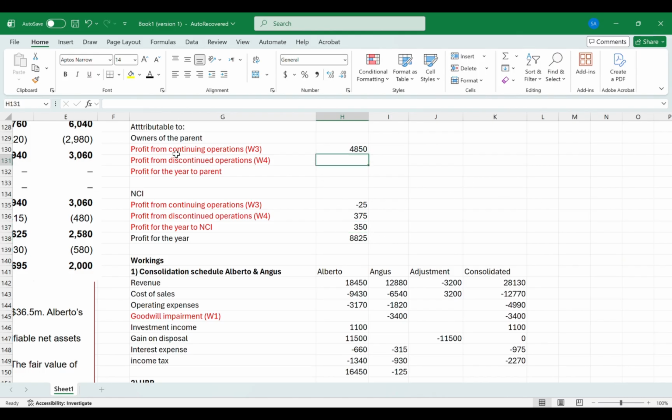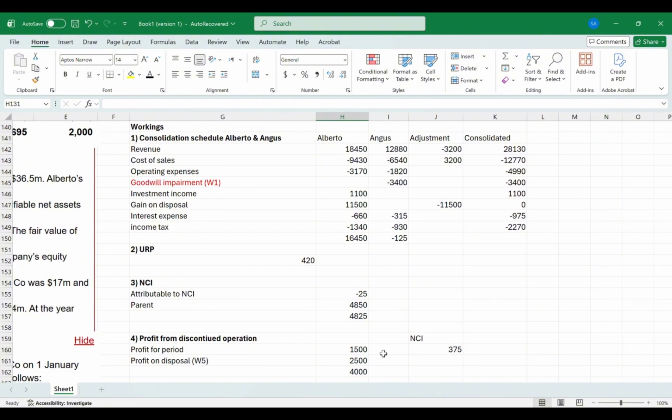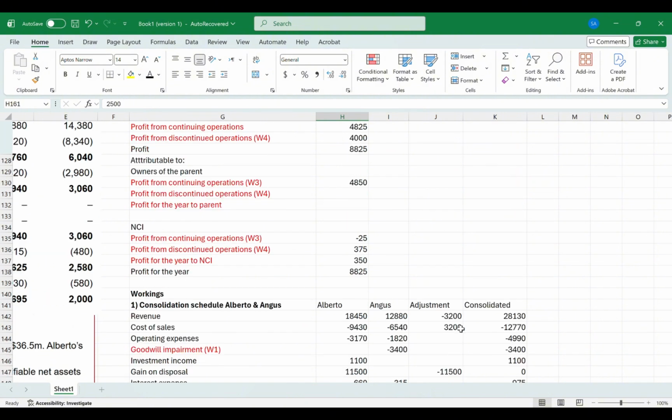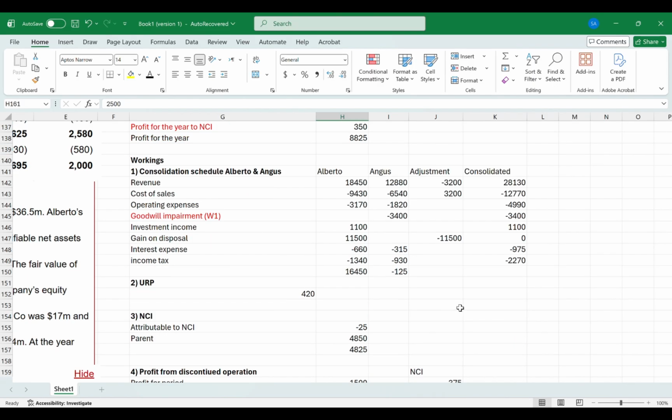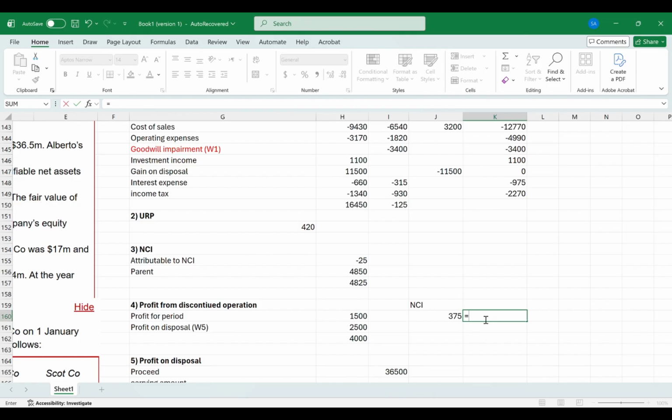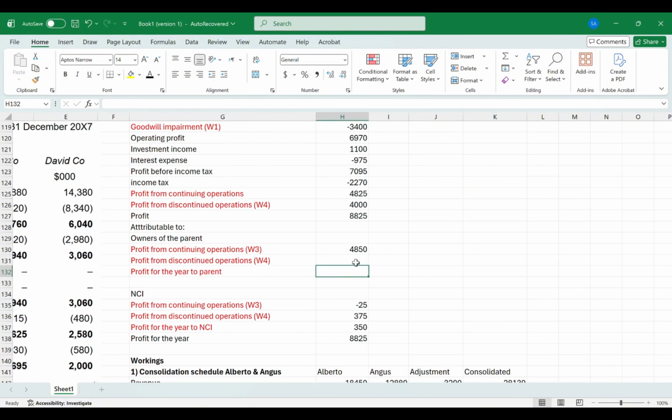And here to the parent from discontinued operation, you see 375, this 2500 will go with that balance, that is 75% of this plus 2500. The total of these two will go to the parent, that is 3625. So this 3625 will go to the parent profit from discontinuing operation, and then the total.